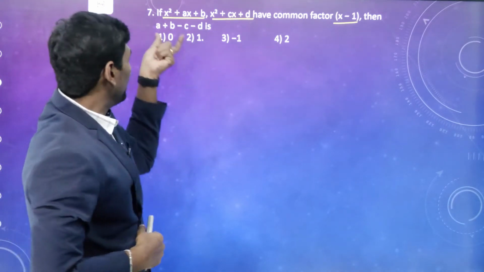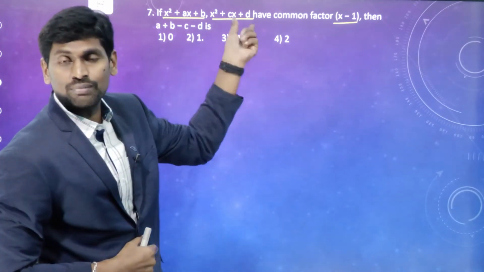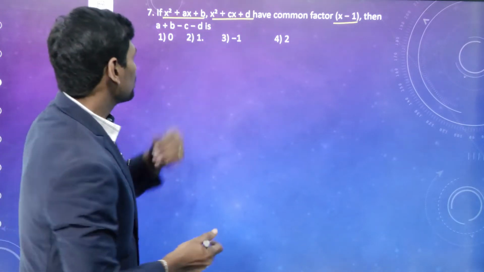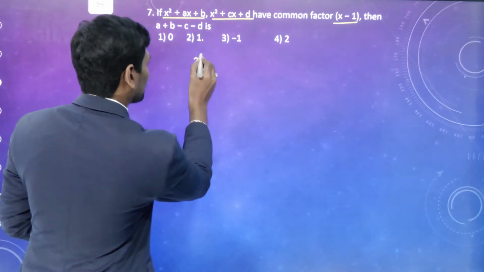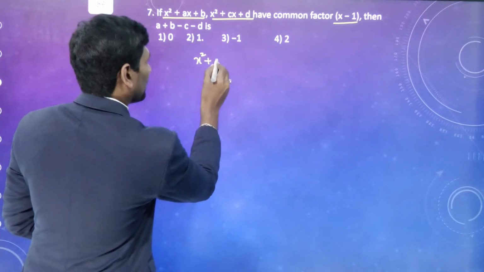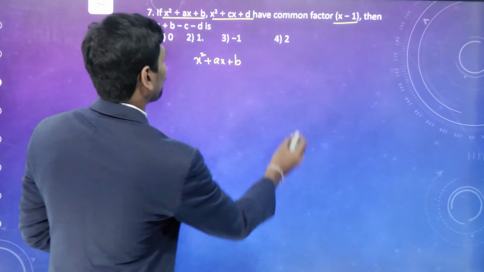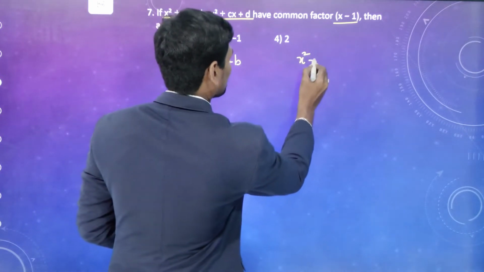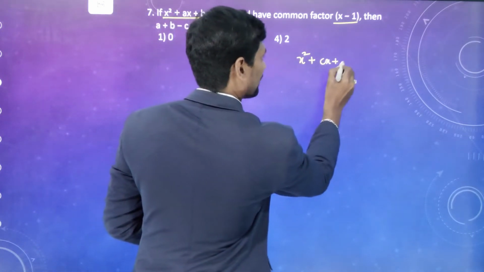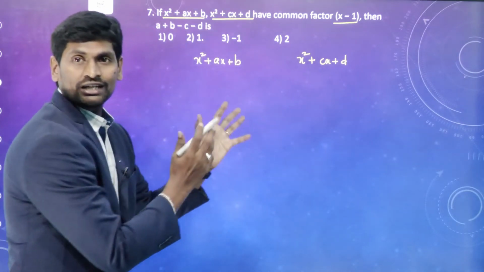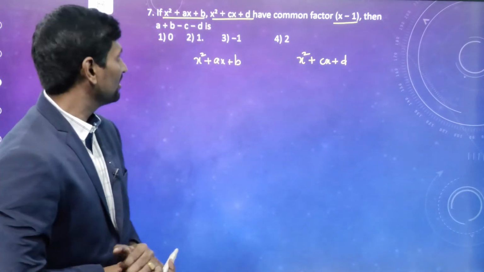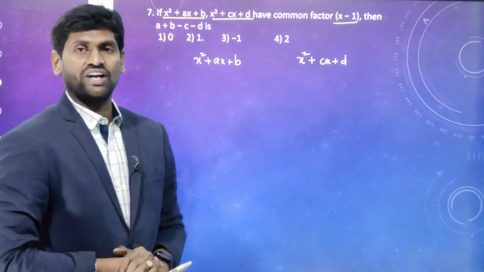Then we need to find the value of a plus b minus c minus d. So let us write the two quadratic polynomials: x square plus ax plus b, and the second quadratic polynomial is x square plus cx plus d. Two quadratic polynomials. Okay. Now x minus 1 is a factor.